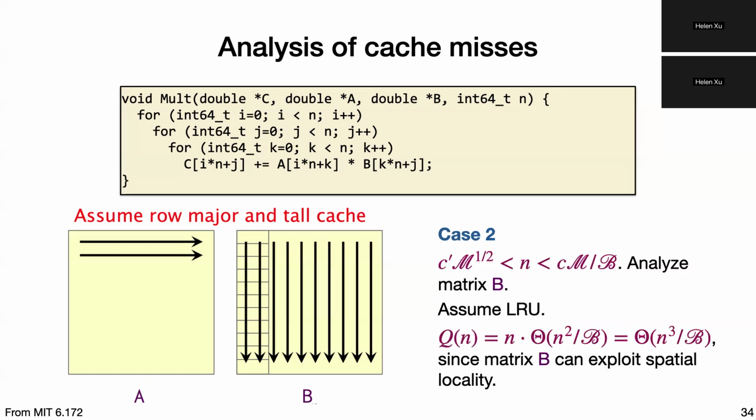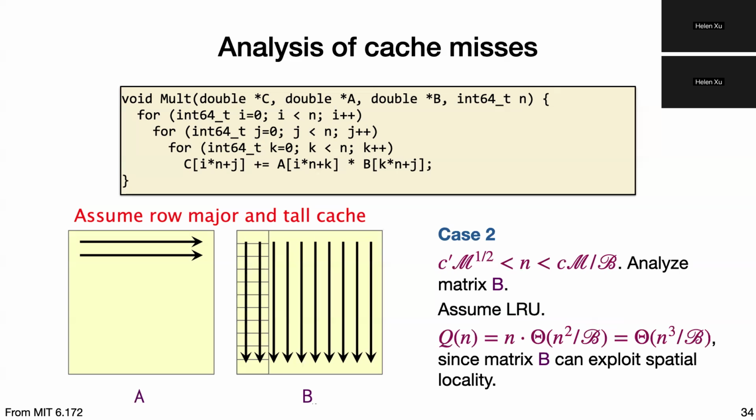In case 2, this is a kind of middle case, where the side length is between square root of M and at most some constant c M over B. We're just going to focus again on matrix B because A actually achieves good spatial locality since it's moving left to right.